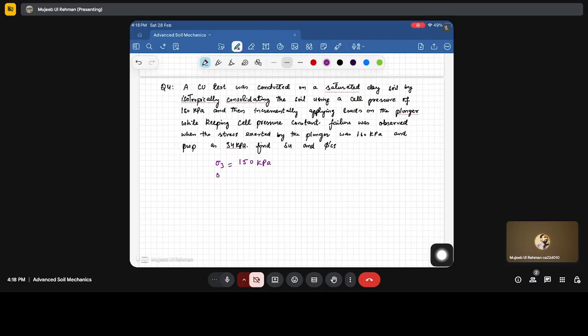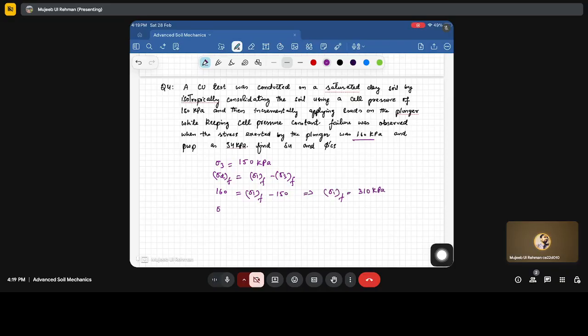So sigma deviatoric at failure is equal to sigma 1 at failure minus sigma 3 at failure. So sigma d is given as 160. So 160 is equal to sigma 1 failure minus 150. So this implies sigma 1 at failure will be equal to 310 kPa.